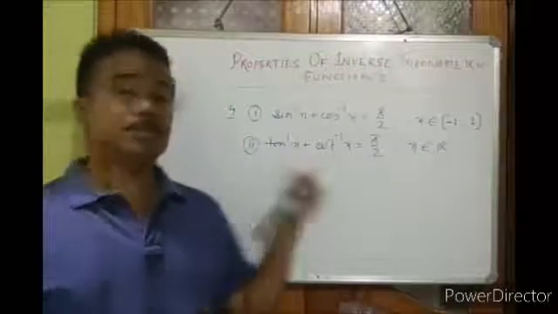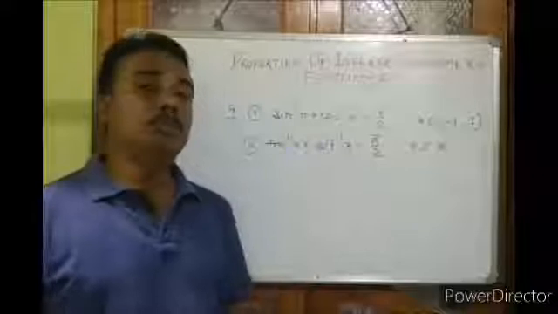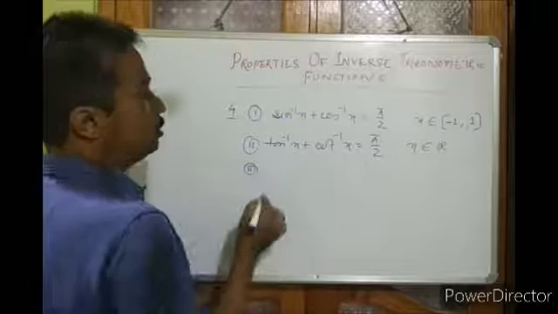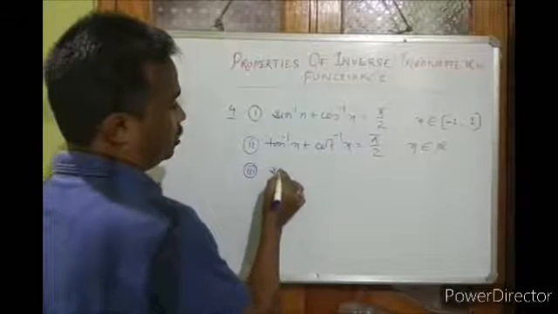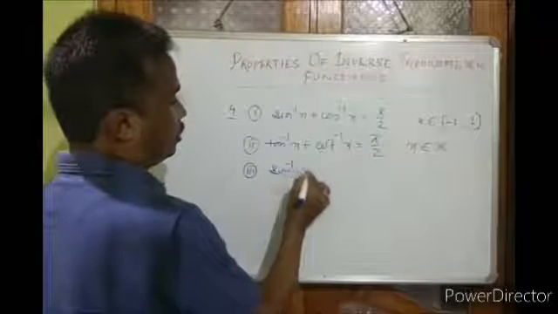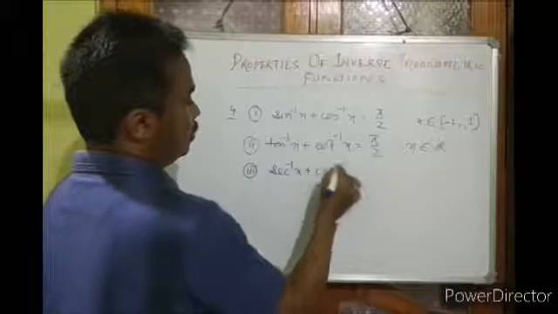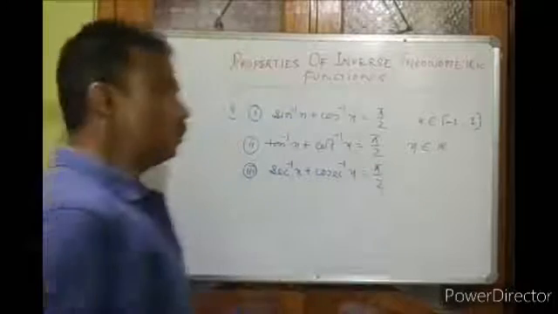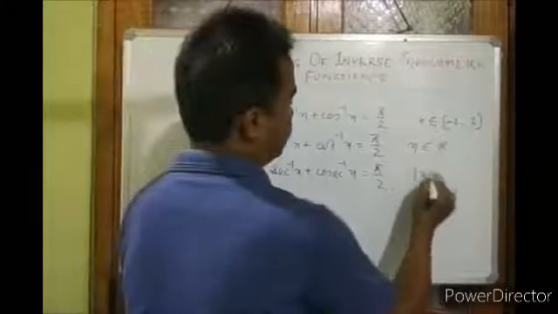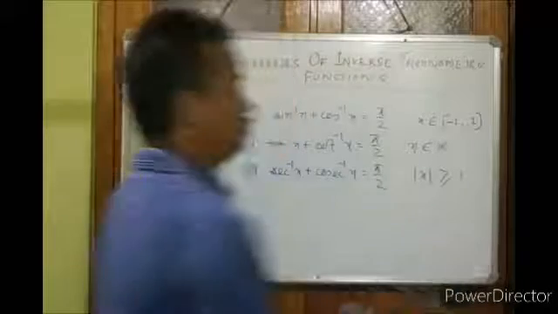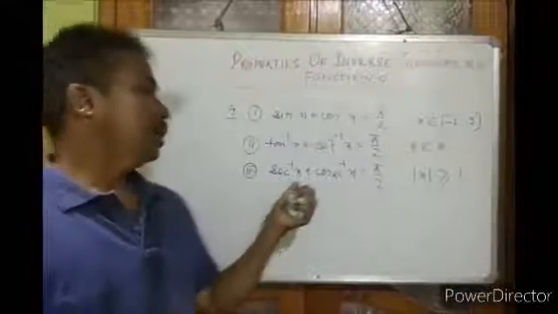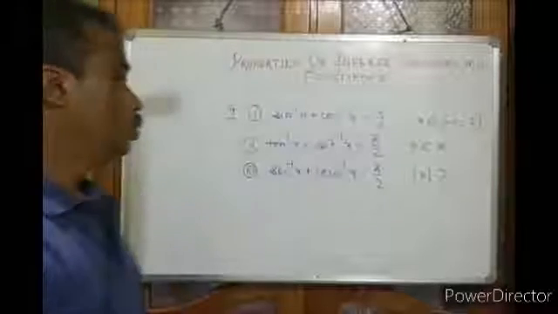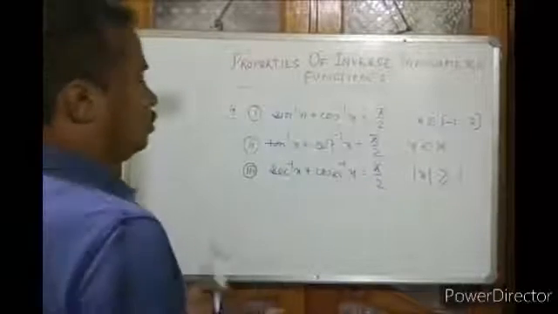And the third property is sec inverse x plus cosec inverse x is equal to pi by 2, and this is true only when modulus of x is greater than or equal to 1. So we can prove these.